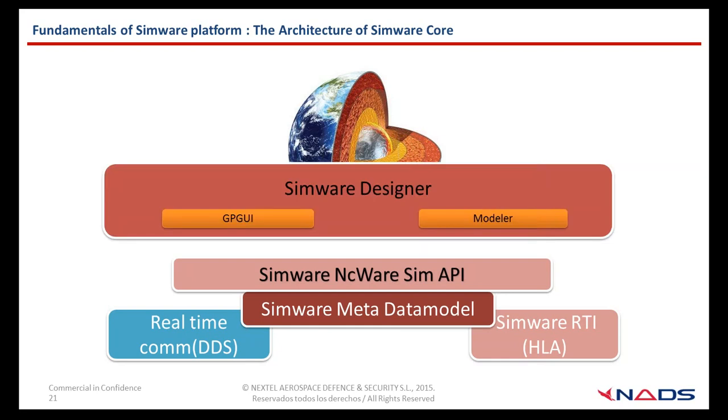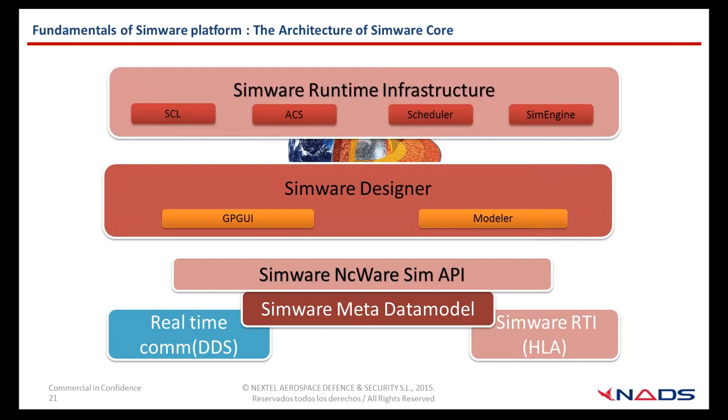Also, we have what we call Simware Designer. These are the tools for designing your simulation from data. Also, we have Simware Runtime Infrastructure. These tools are related to how you can manage the simulation you have built with our architecture.